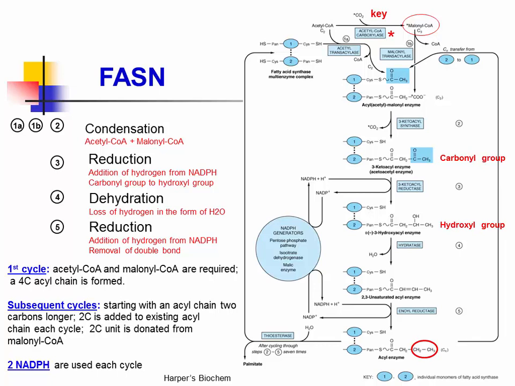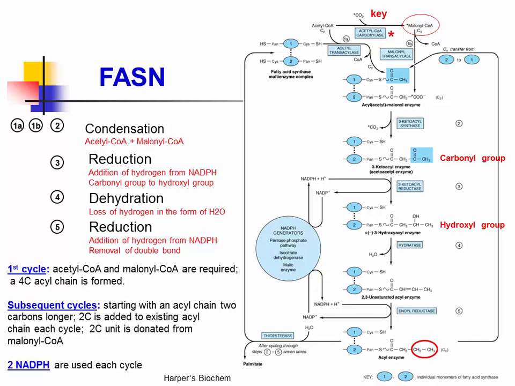Right? So this is the first reaction, and the subsequent reactions or cycles are just adding 2 carbons to the existing acyl molecule, right? So for example, the next cycle, you just need a malonyl-CoA, right?